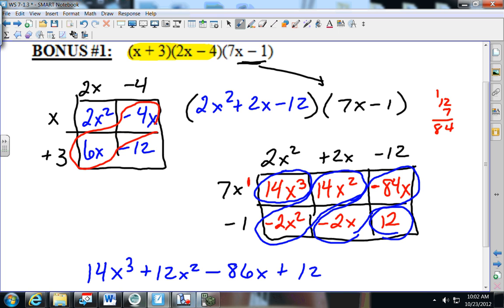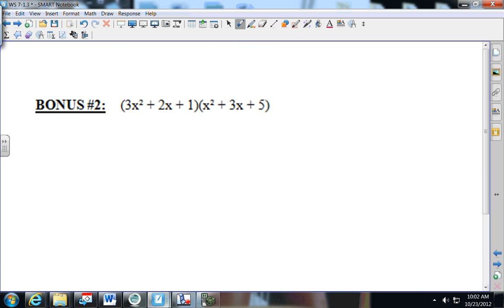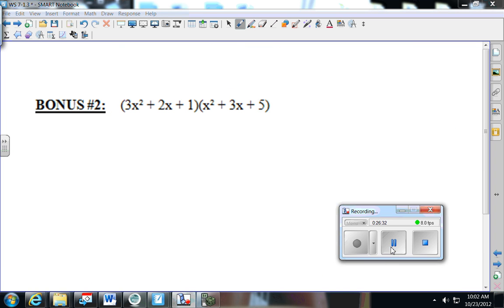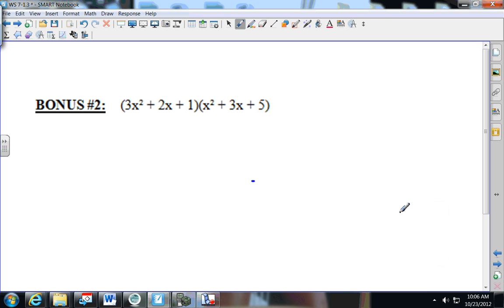Try the next bonus that is on there. Try this one. That's the last one on this paper. On this last one, it is a 3 by 3. It's a trinomial by a trinomial. So I'm going to make it 3 by 3.